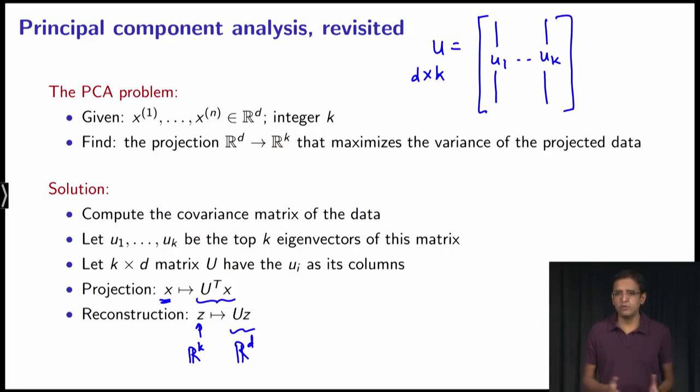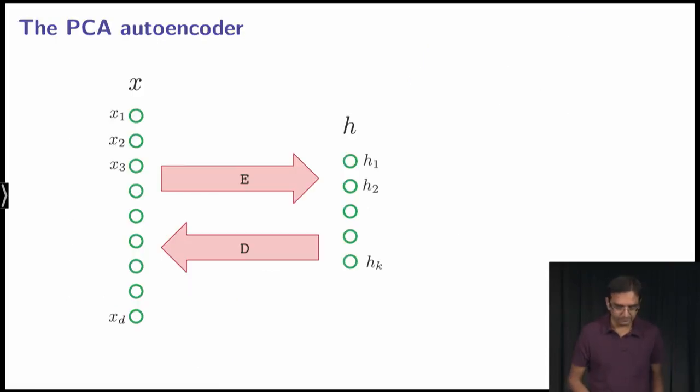Now, what kind of autoencoder is this? Okay, so on the left-hand side of the autoencoder, as usual, we have the original data representation. Okay, so we have x, a d-dimensional vector. On the right-hand side, we have k hidden units. And in this case, these are simply the projections onto different directions. Okay, so h_j of x is simply the projection of x onto the jth eigenvector. It's x dot u_j.